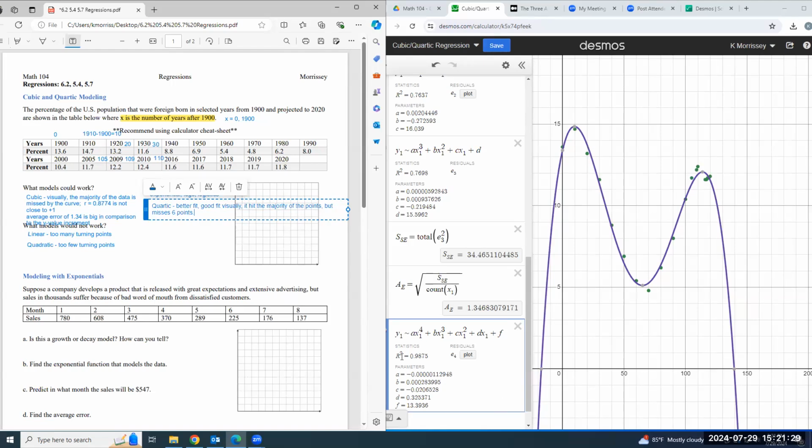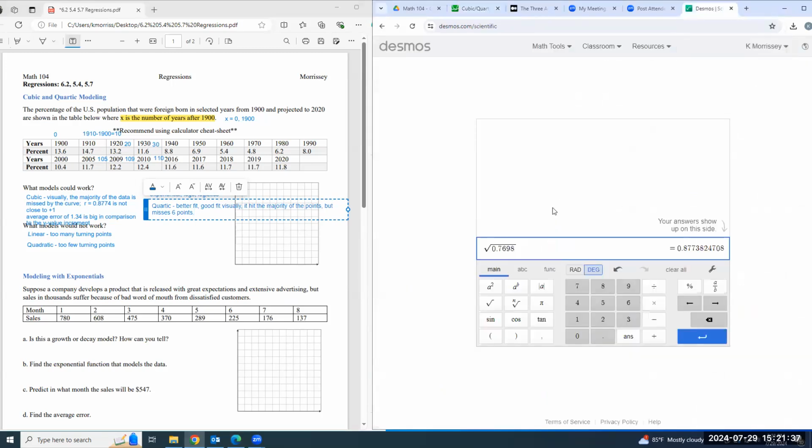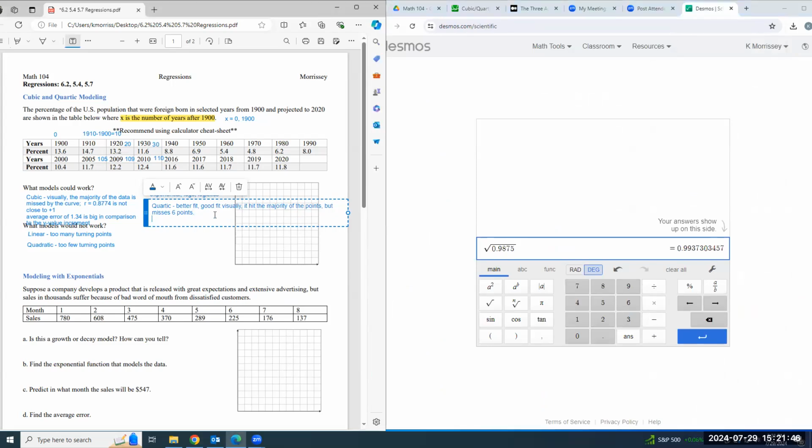We can look at your correlation coefficient. Again, this is not the correlation coefficient. We're going to have to square root that value. So 9875. That compares really well to what we're seeing in the visual sense. So R is 0.9937.